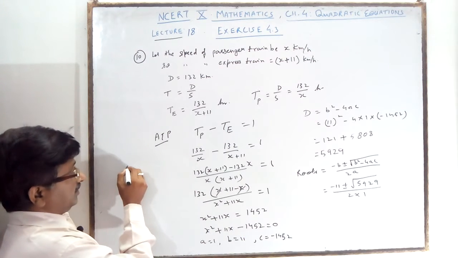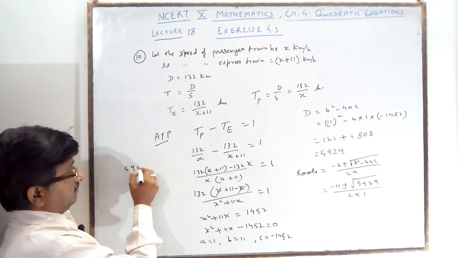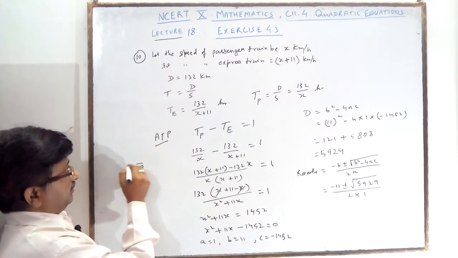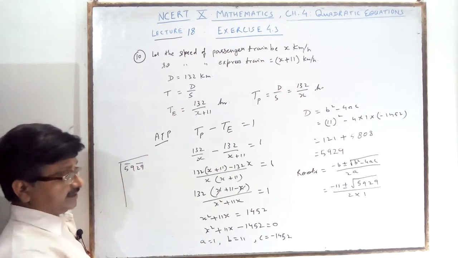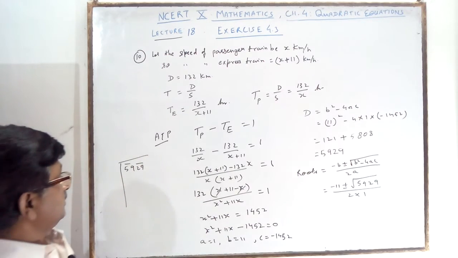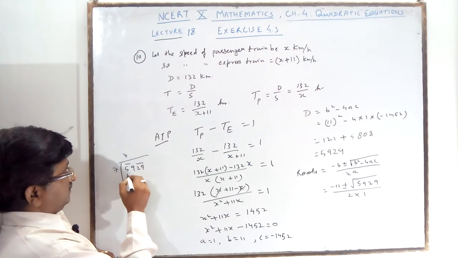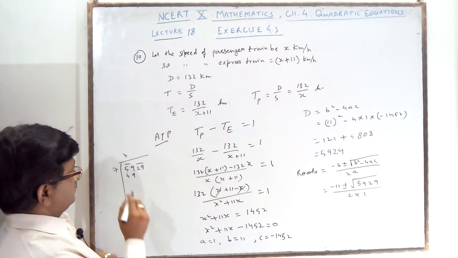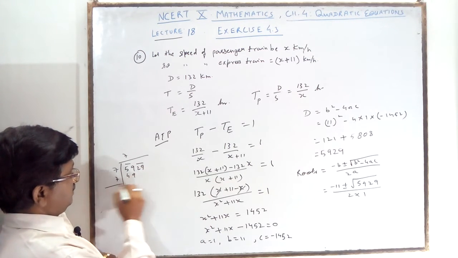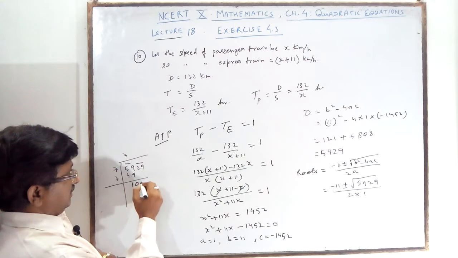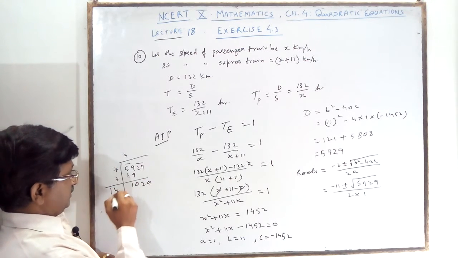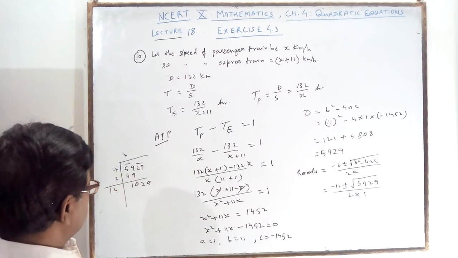For 5929, you will find the square root by this method. 8 times 8 is 64, 7 times 7 is 49, and you will get this 14.